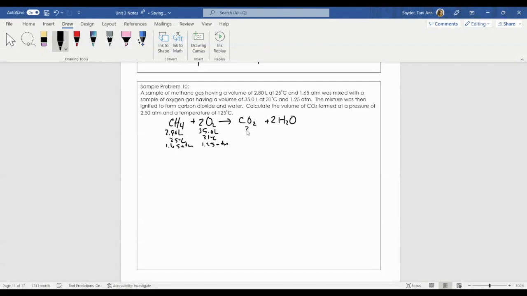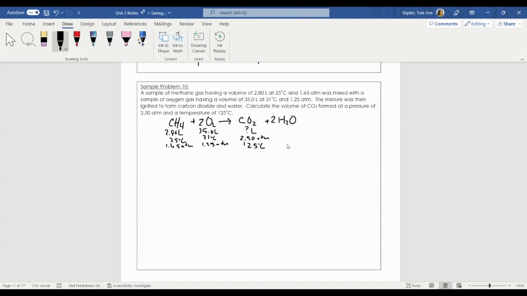We want to know what volume of CO2 is produced at a pressure of 2.50 atmospheres and a temperature of 125 degrees Celsius. Woo! That's a lot. Okay.